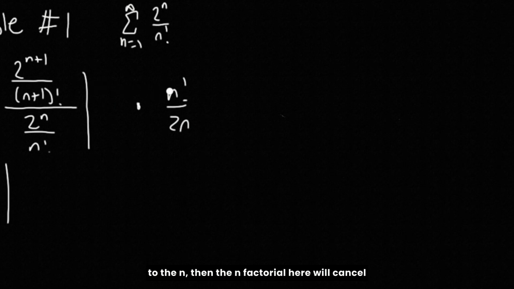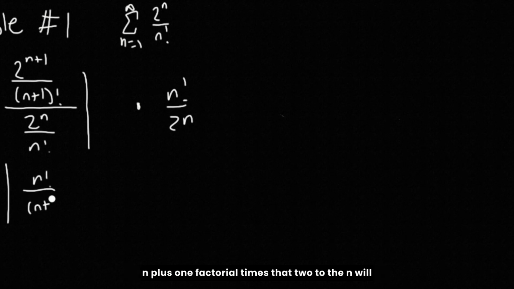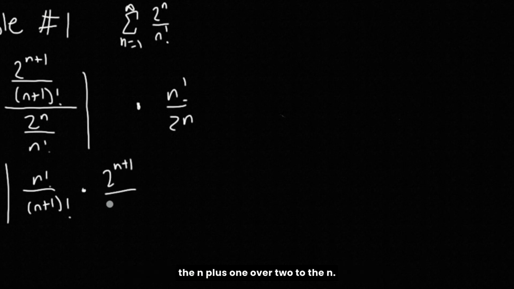Then the n factorial here will cancel out the n factorial there, and the 2 to the n will cancel out the 2 to the n there. Then we can move it to the top. So basically what we'll have is n factorial over n plus 1 factorial times 2 to the n plus 1 over 2 to the n.